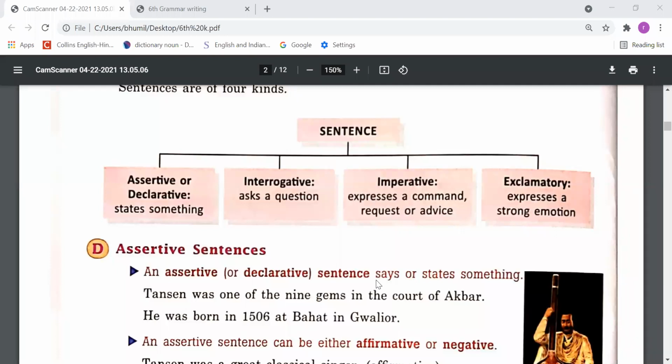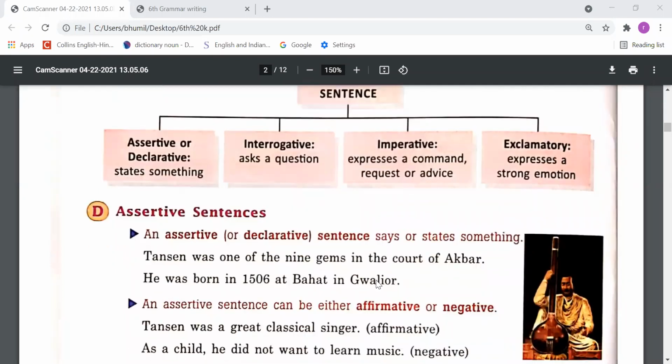Exclamatory expresses a strong emotion. So dear students, whatever sentence we say, those sentences are of four kinds. One is assertive, that's also called declarative. Second is interrogative. Third is imperative, and fourth is exclamatory. So these four types of sentences are there.